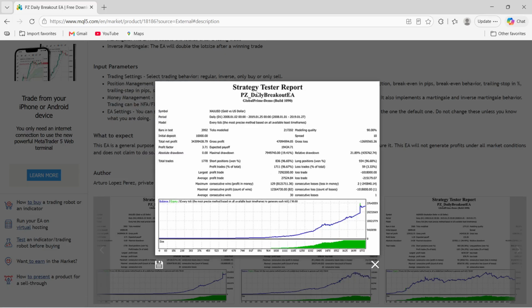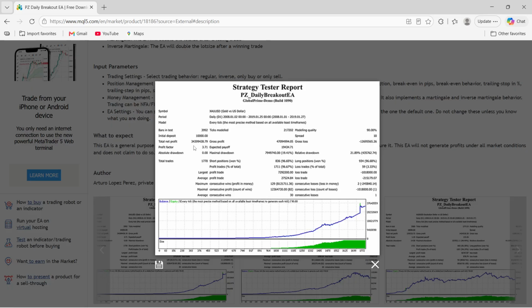So as for the tester reports, okay, so he carried out his test on XAUUSD, the gold pair, for the period from 2008 to 2019. Okay, that's actually a long period. So the initial deposit was $10,000, and you can see his total net profit for the period is quite a sum.